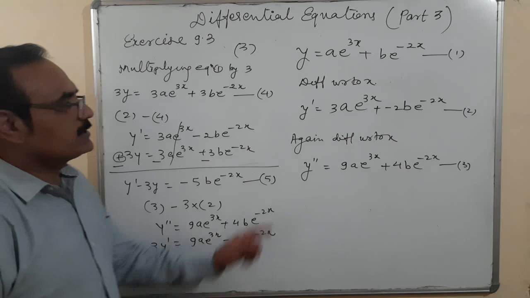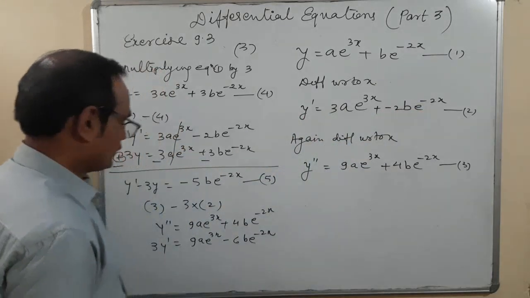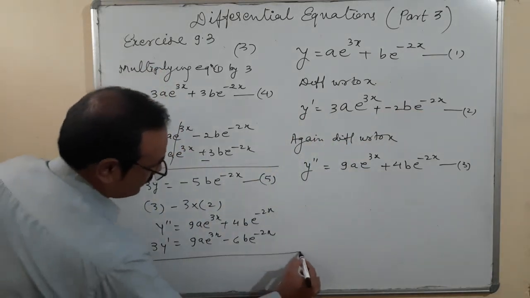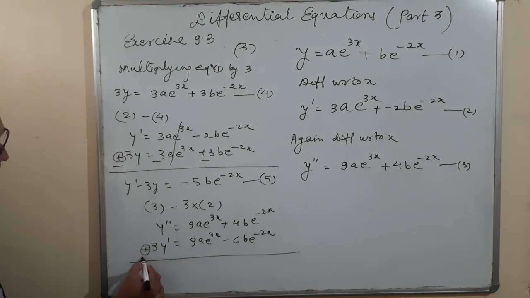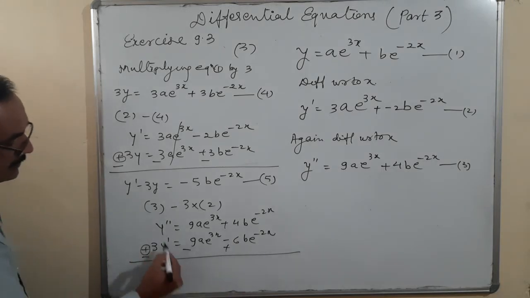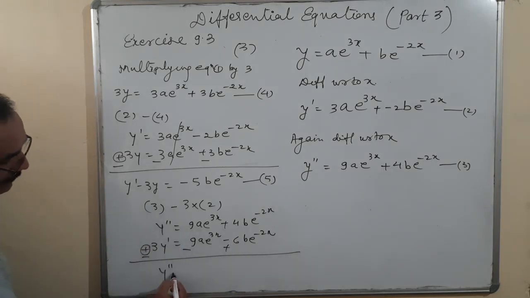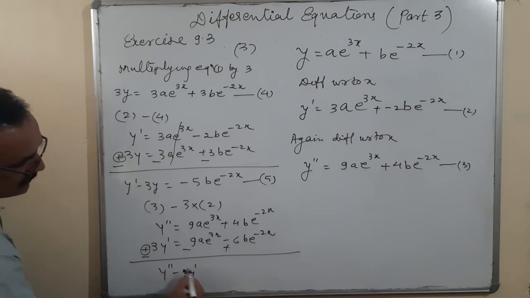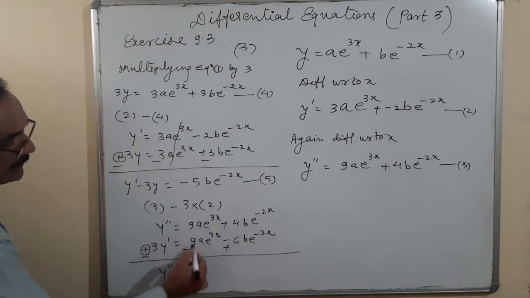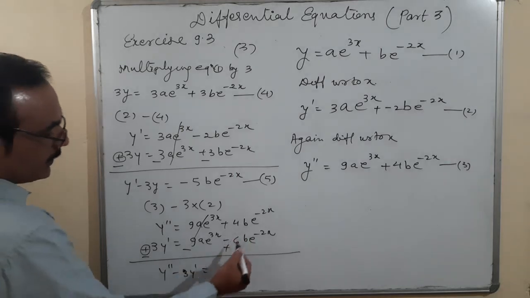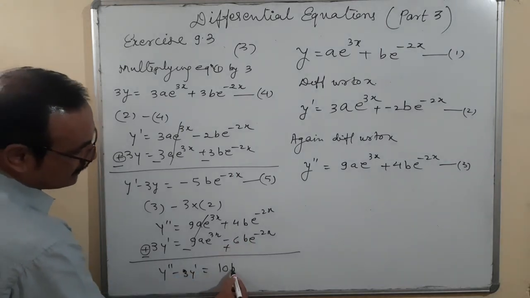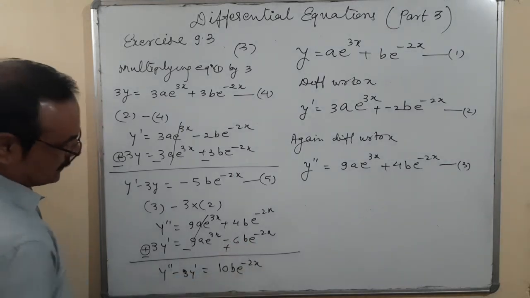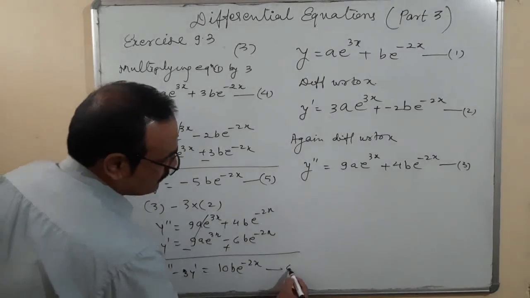Am I right? This is multiplied by 3 and then subtracted. When we subtract, the sign changes: y double dash minus 3y dash, the 9a terms cancel. 4b plus 6b is 10b e to the power minus 2x. That is equation number 6.